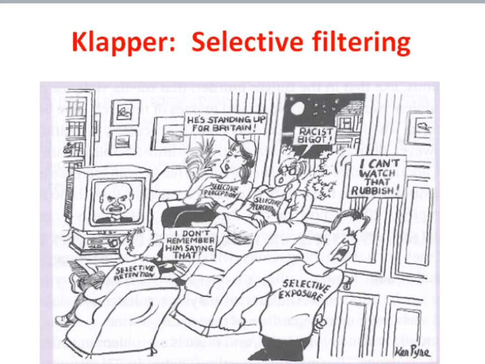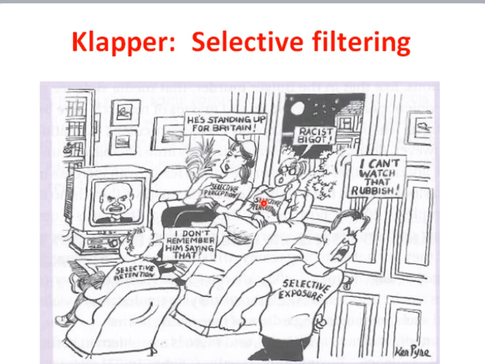One of the ways in which audiences actively decode the media is through a process called selective filtering, and this is something that Clapper argues. Clapper argues that we filter what we read, see or hear in the media by selective exposure, selective perception, and selective retention. Selective exposure means that people only watch or read media output that fits in with their existing views and interests.